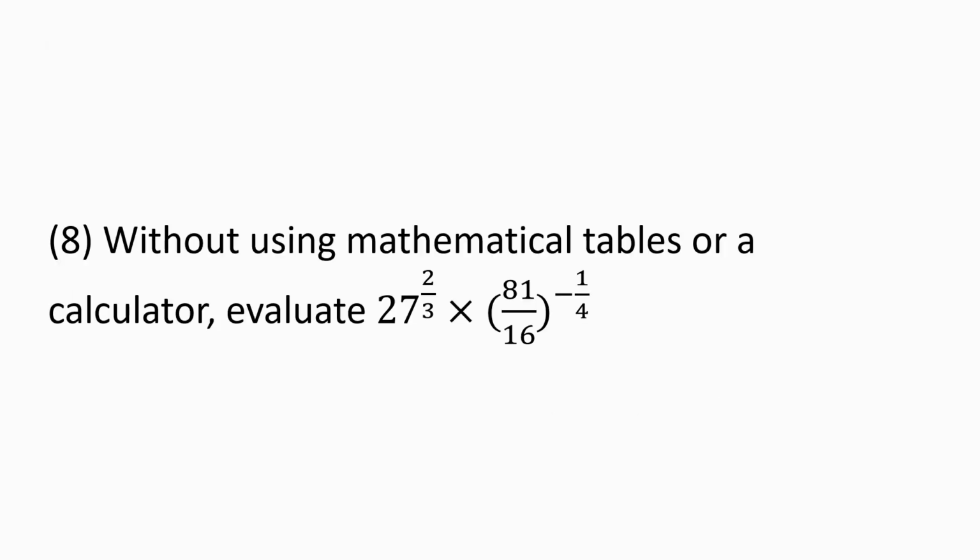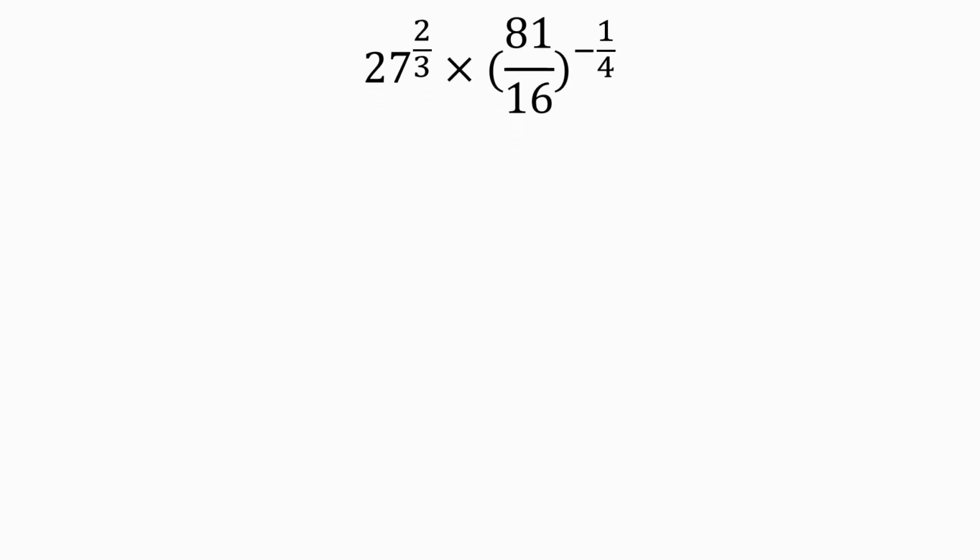Question 8. Without using mathematical tables or a calculator, evaluate 27 raised to 2 over 3 times 81 over 16 raised to negative a quarter.